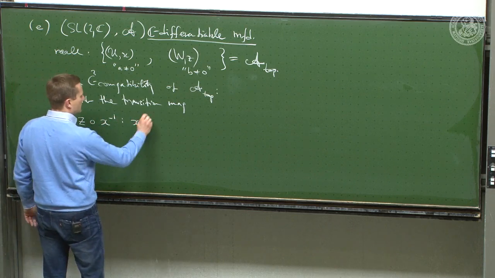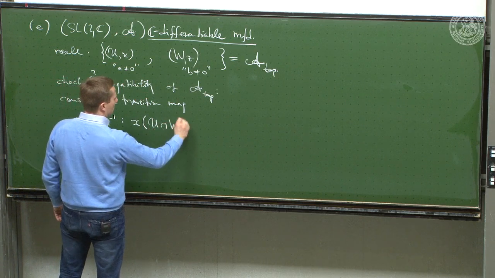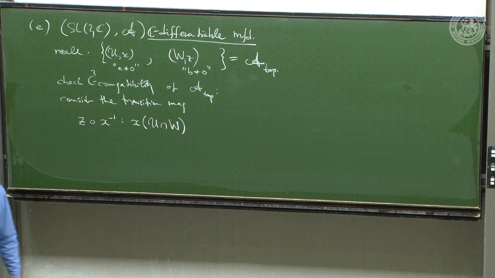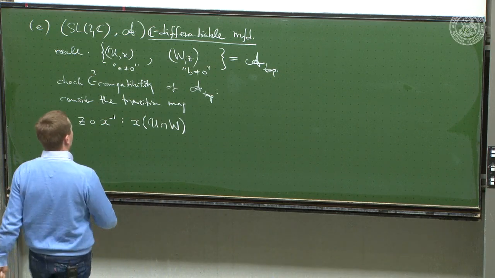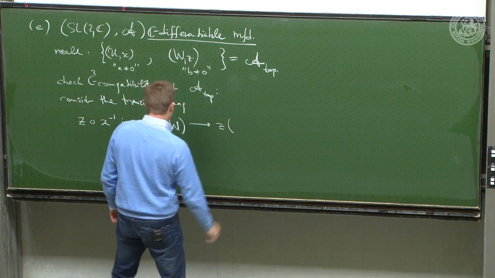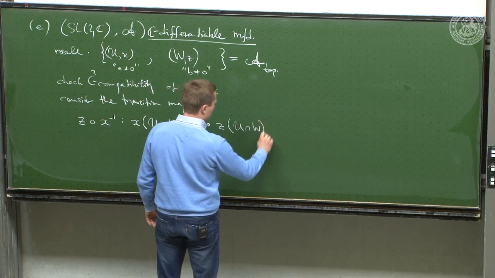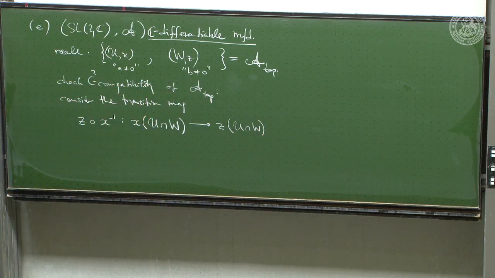It starts at the image of X of the intersection of U and W, because the transition map can only look at a domain that's the intersection of the two charts, and it maps you to Z of U intersected W. And now we need to construct this.